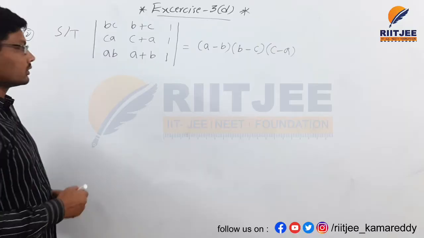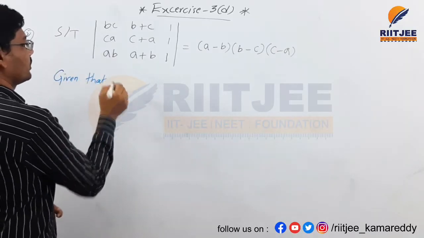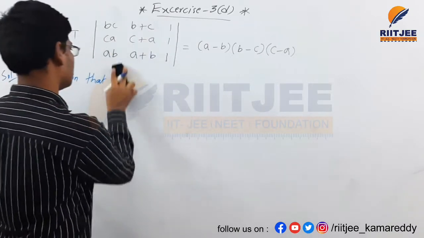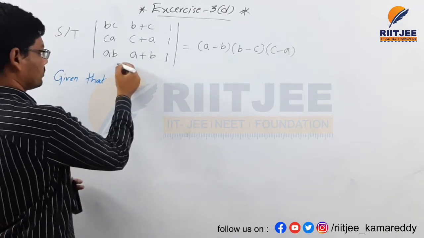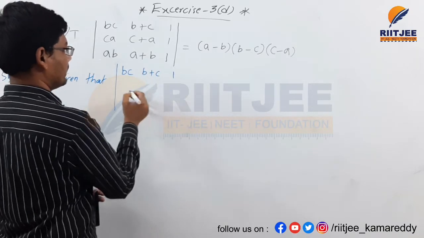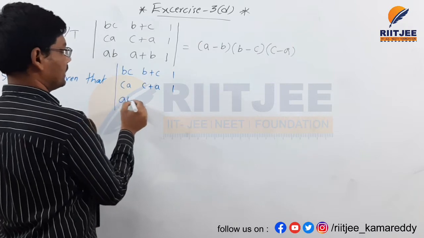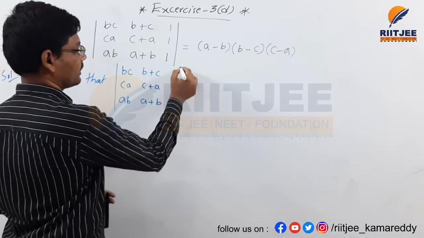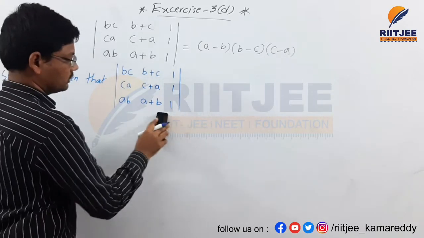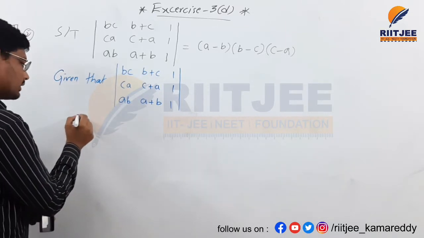The determinant of BC, B plus C, 1; CA, C plus A, 1; AB, A plus B, 1 can be simplified. Here I am changing R2 and R3.